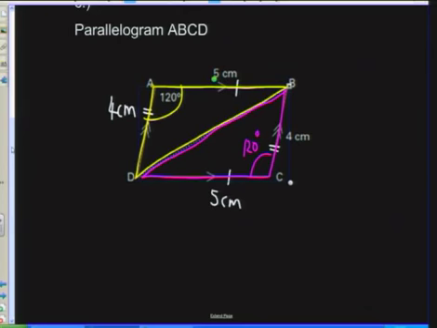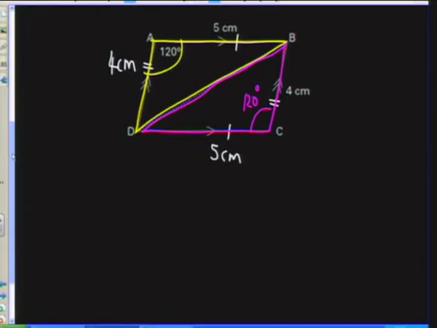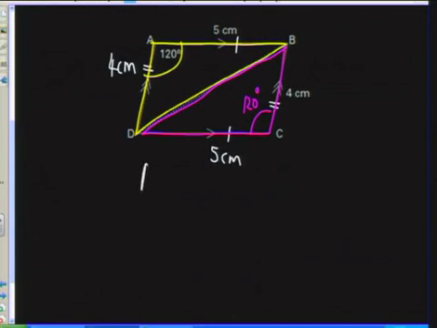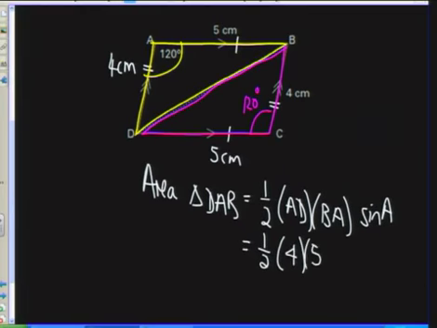Okay, so writing that up, the area of triangle DBA is equal to a half of AD multiplied by BA multiplied by the sine of A. Substituting the lengths, we've got a half of 4 by 5 multiplied by the sine of 120.